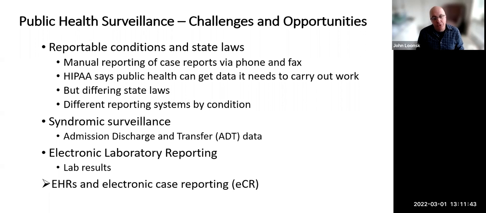And so syndromic surveillance as a public health activity around trying to identify areas of concern had progressed over the years. It did not include identifiable data. What one can do with syndromic surveillance data is pretty specific to looking at groups and looking at trends in populations.